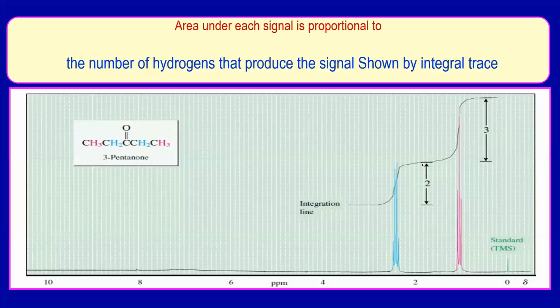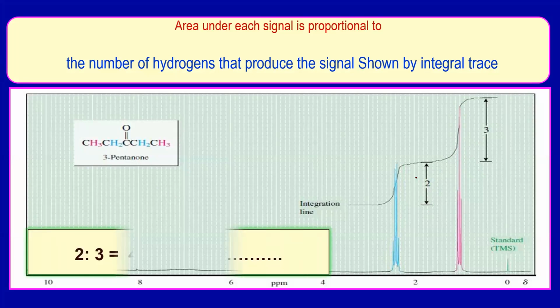Look at the relative ratio of these two peaks. This we call the integration curve. So 2:3, that could be 4:6, or 4H:6H, or multiply again with 3, 6H:9H. But here it is matching with this one: 6 hydrogens, 4 hydrogens.